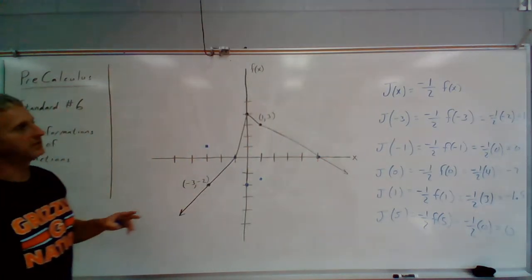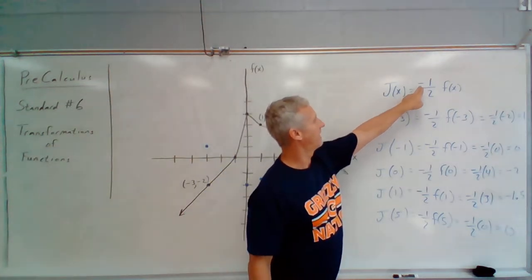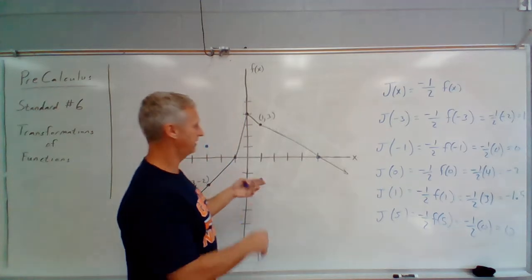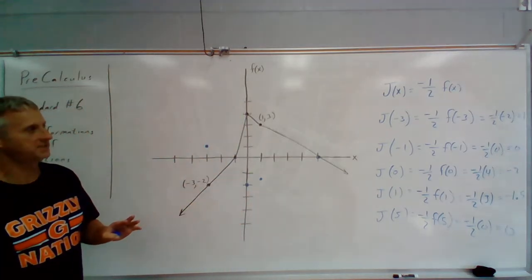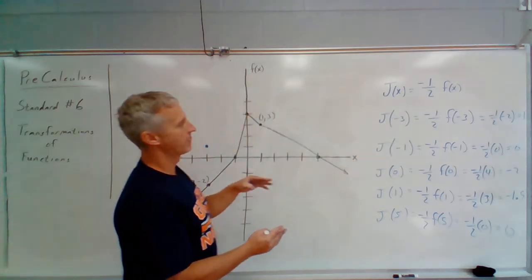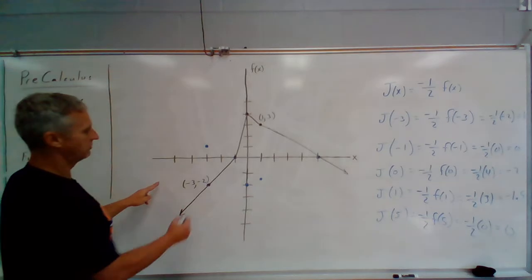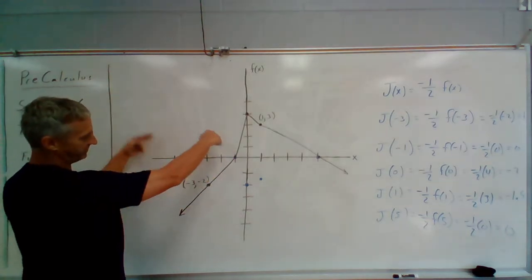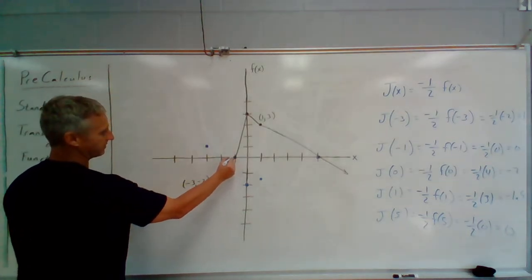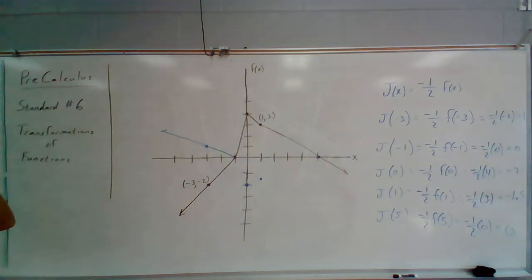Okay, so like an example a minute ago, when I multiply by a negative in front, it will flip the graph across the x-axis. Recall that multiplying by this half multiplied all the y values by 1/2. So this graph, if I flip it across the x-axis, will look like this, except it'll be slightly flatter.